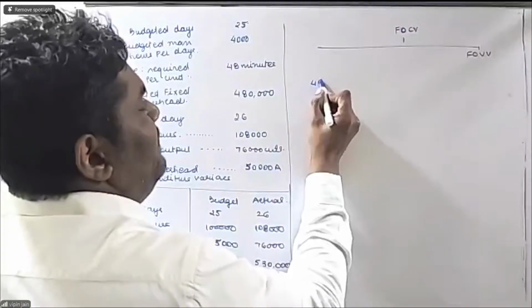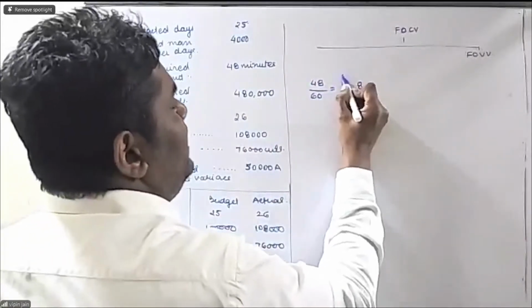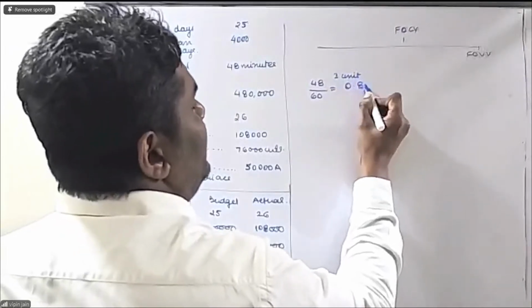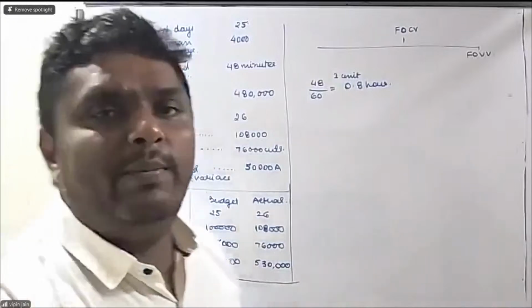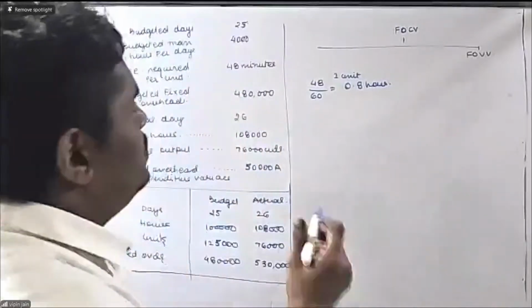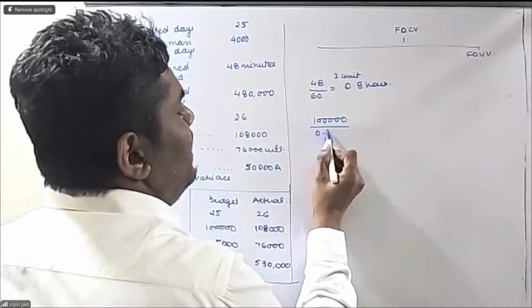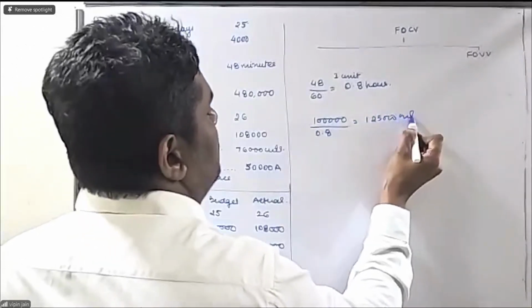See, 48 minutes divided by 60, so it means one unit takes 0.8 hours. One unit takes 0.8 hours. So the total hours are 1 lakh divided by 0.8. So this will be 1,25,000 units.